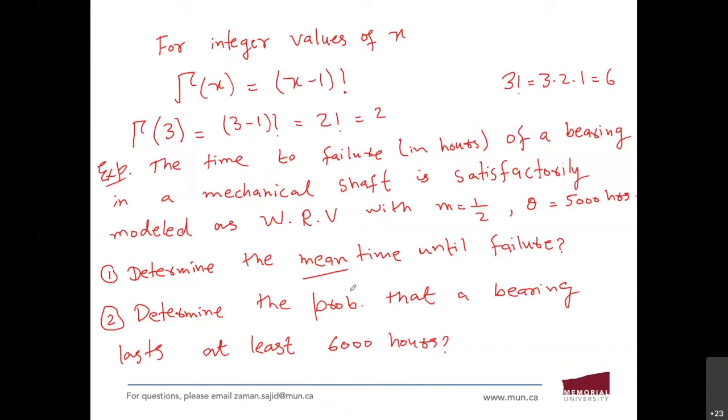I will go to the next slide, please. So for the first objective, mu of x is equal to theta times gamma function of 1 plus 1 over m. Now these values are given to you: 5,000 times gamma function of 1 plus 1 over m, and the m value is 1 by 2 from the question statement.